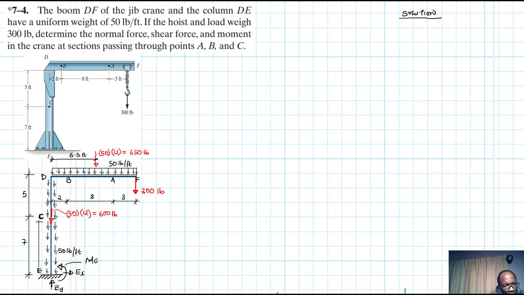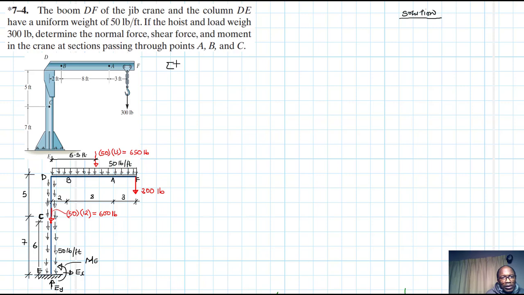Half the length of the column, and this length is 6 feet, half of 12. That's where it's acting. Right, so we've done everything else. Let's now apply the equations of equilibrium quickly and then find out the values of EY, EX, and ME.